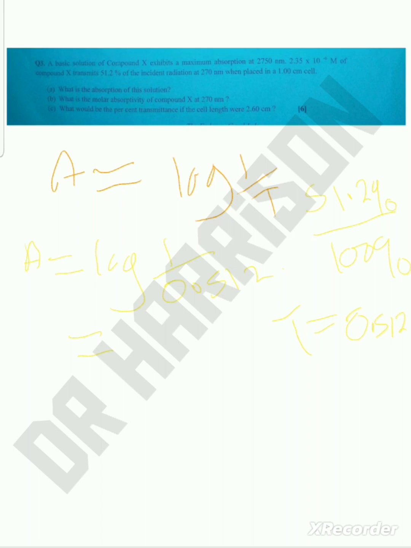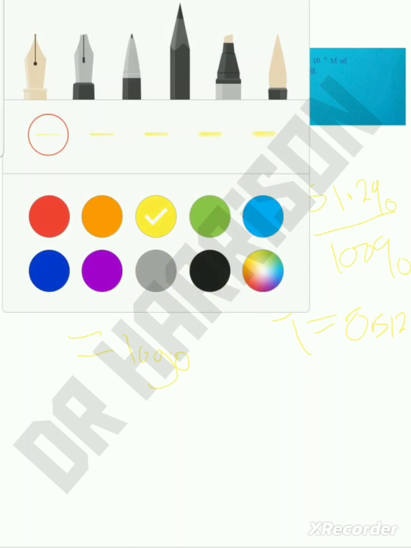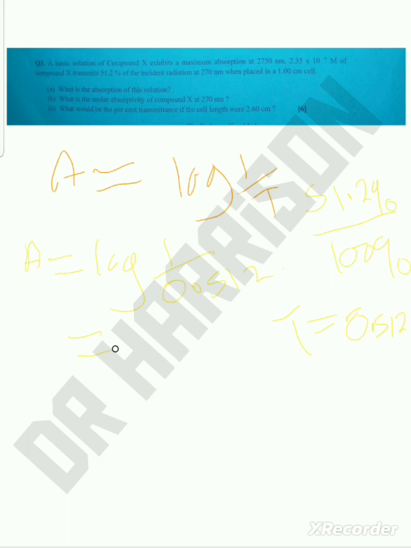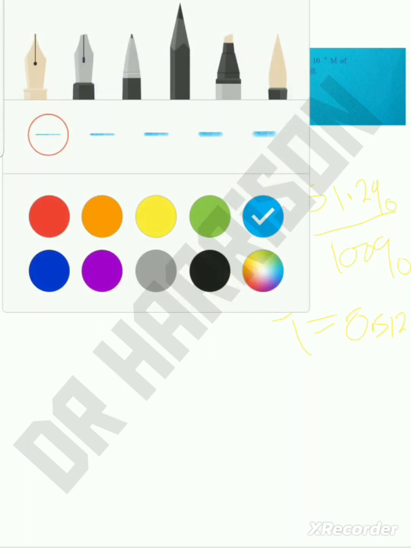Those with calculators can follow. First of all, let's find 1 divided by 0.512. Here we get 1.953125. So absorption is equal to log of 1.953125.